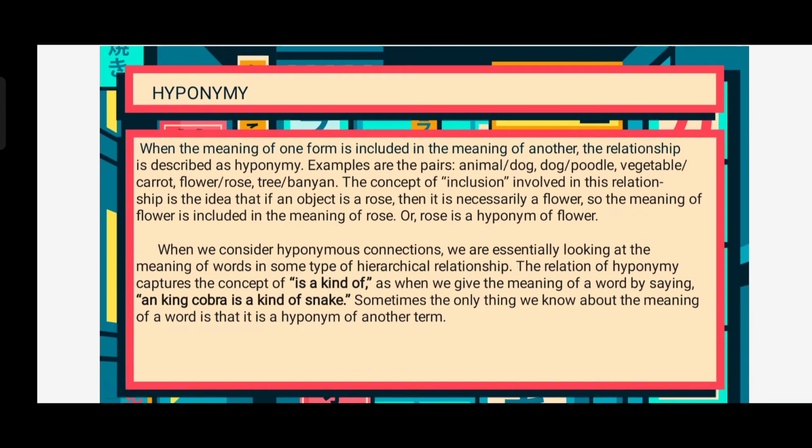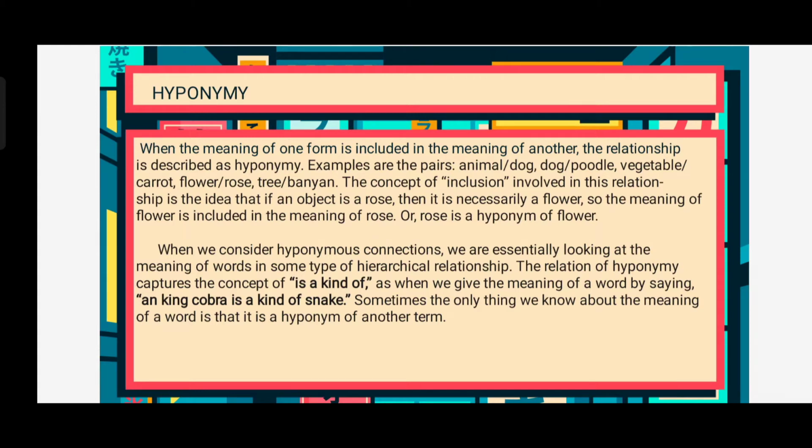Hyponym. When the meaning of one form is included in the meaning of another, the relationship is described as hyponymy. Examples are the pairs: animal and dog, dog and poodle, vegetable and carrot, flower and rose, tree and banyan.